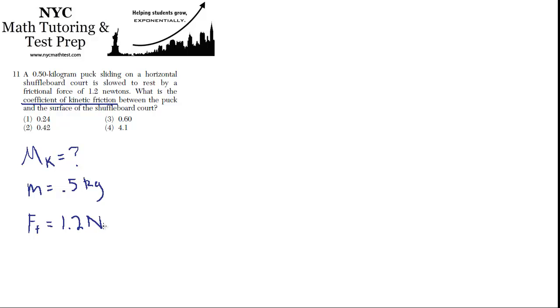So what does kinetic friction depend on? There's two kinds of friction, right? There's static friction, and then there's kinetic friction. So the coefficient of static friction tells us something about how much force it takes to get an object moving when it's initially stationary.